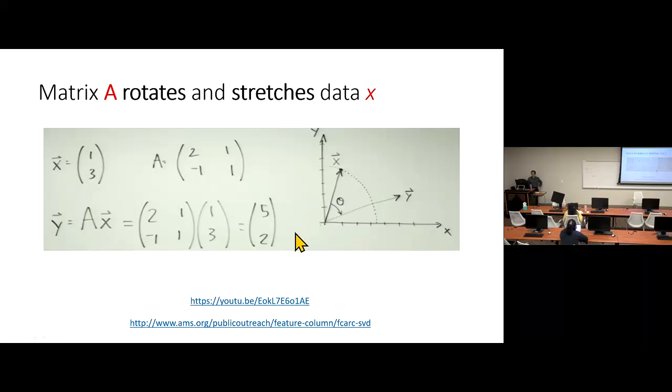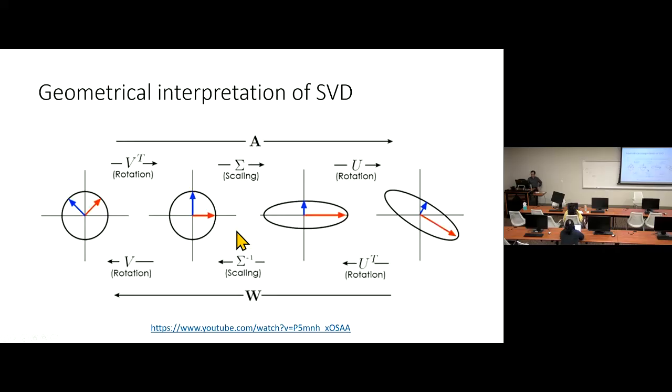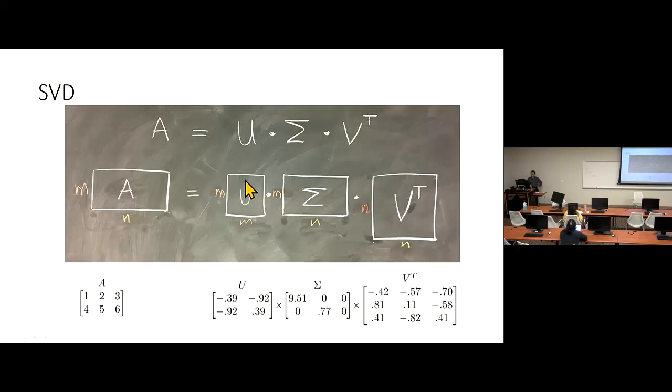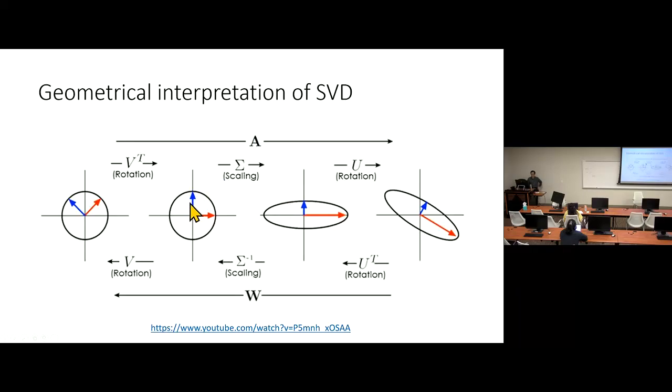So the idea here is to decompose this matrix into different actions, okay? So decompose it into this rotation and that rotation and the stretch effects. So A is decomposed into a rotation, because this is a square matrix, and scaling in one of the dimension directions, then rotate again.